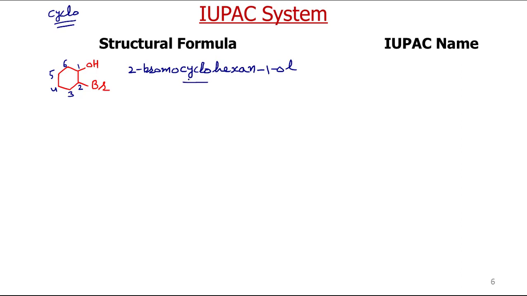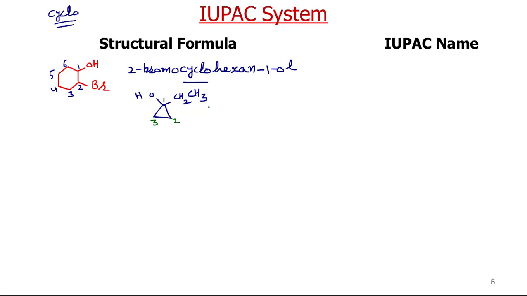Next example, we can have this example, OH and CH2CH3. Now this CH2CH3 is a substituent, it is an ethyl group, so we will write its name with numbering starting from this carbon atom 1 2 3.